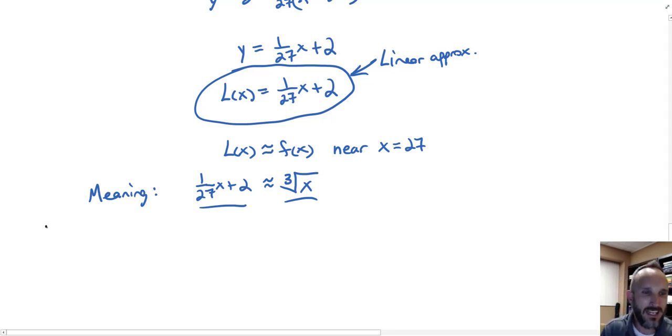So part B now, I can use this approximation as long as I use x values close to 27.